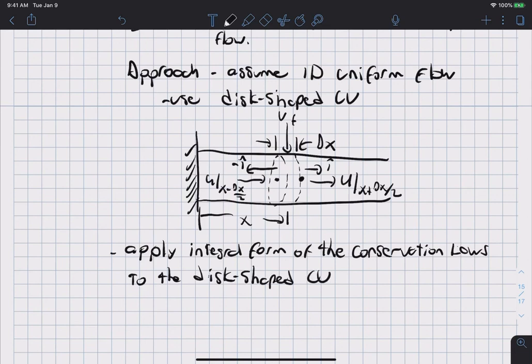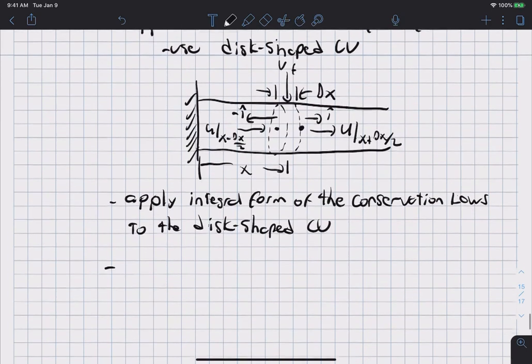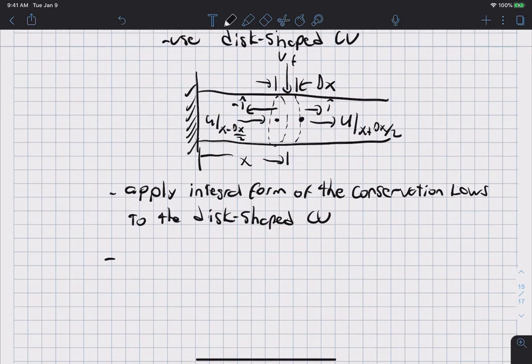I'll show you how to use conservation of mass. For a homework problem, you will apply conservation of momentum, neglecting shear stress at the wall, to find the pressure as a function of x. But as an example, I'm going to do conservation of mass for you. So, conservation of mass.